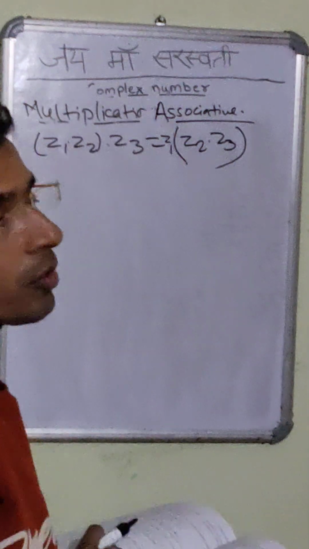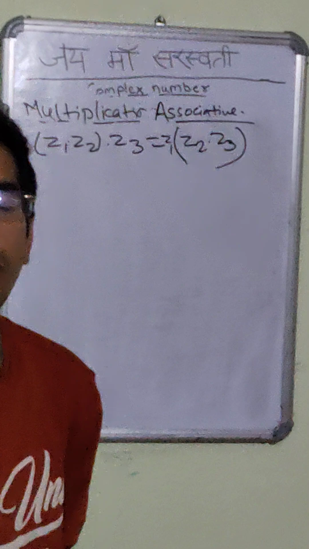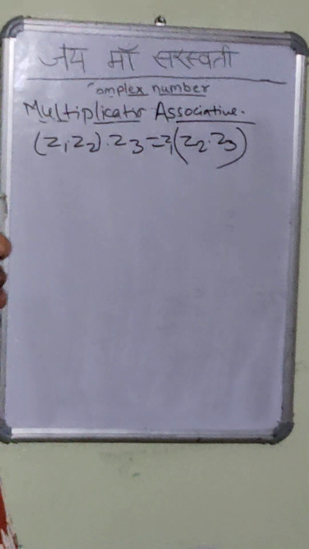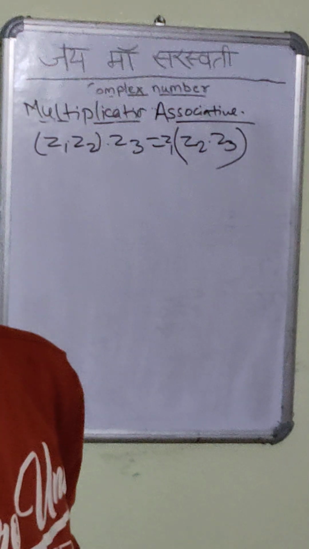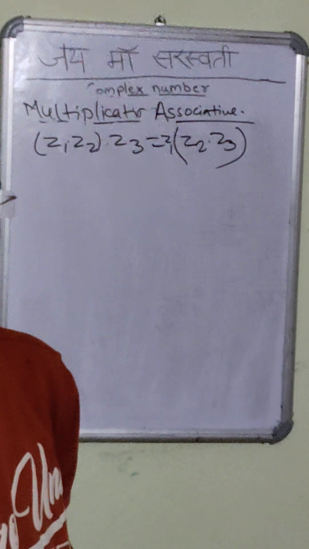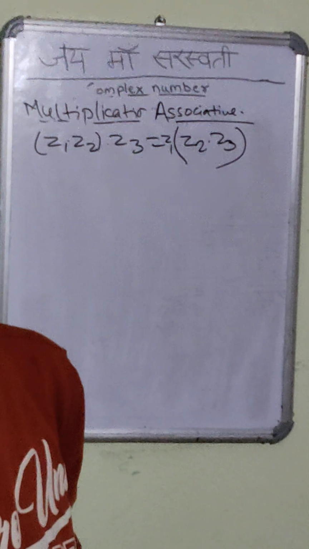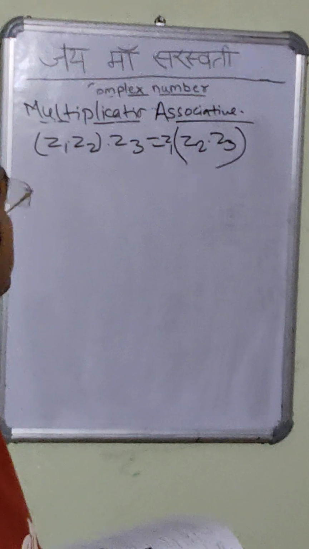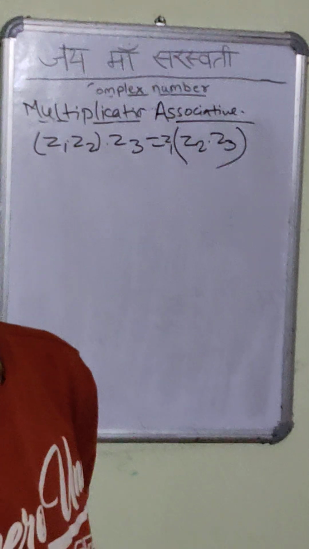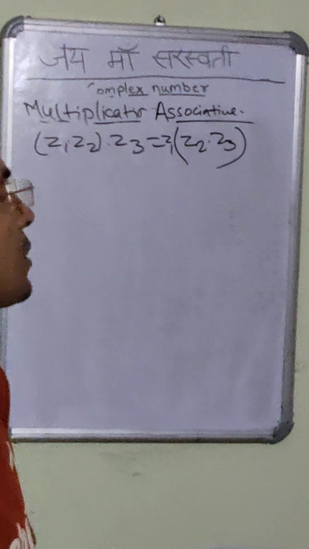That is the basis. Suppose we have to prove that the product of three complex numbers is associative in nature. Earlier we saw the product of two complex numbers is commutative in nature. Now we are seeing the product of three complex numbers is associative in nature.